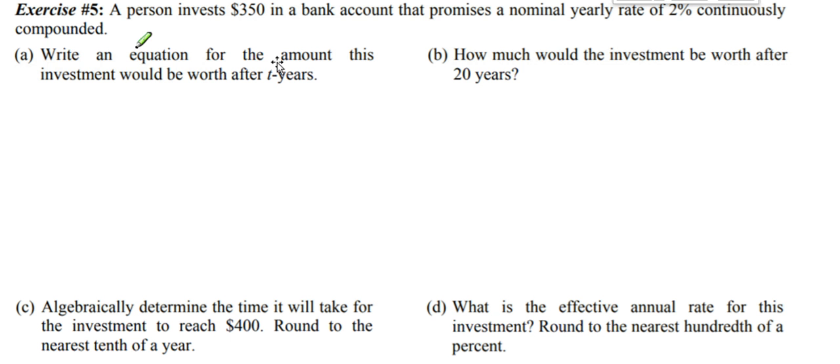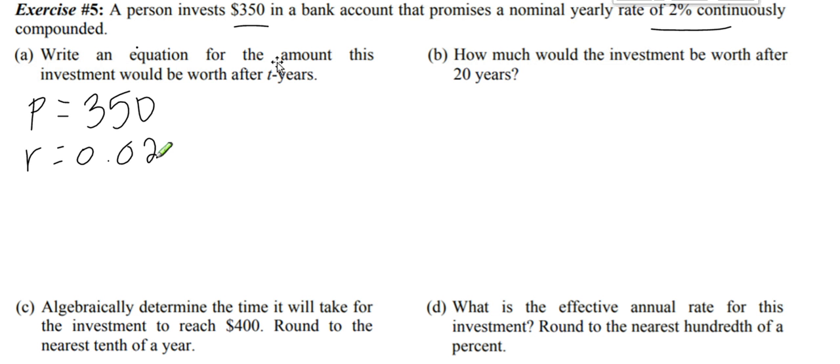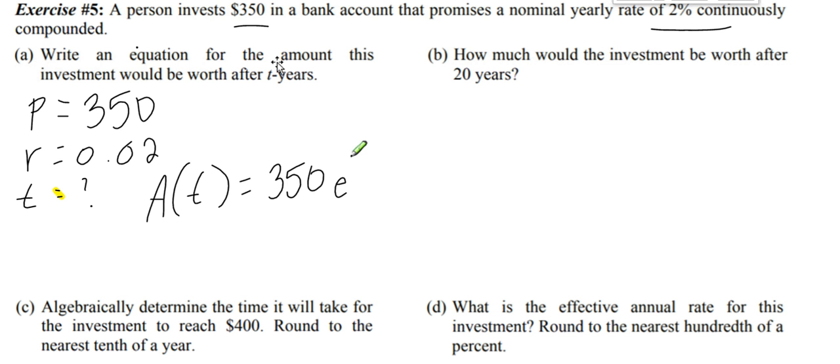So looking at it, my P is the 350. My R is 2%, so as a decimal it would be 0.02, excuse me, and then our T we don't know yet, so it's just going to stay at T. So when I put this into the formula that was given, you have A of T equals my principal, 350, e to the 0.02T power.